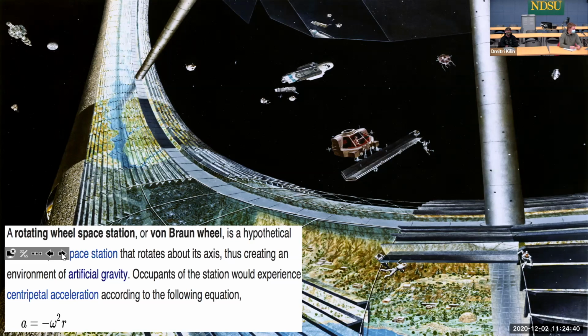So, rotational motion. If there is this big wheel, some people call it von Braun wheel, if the International Space Station would be like a wheel and would rotate, then people would not need to exercise there because of this force that is directed in and out compared to the radius.